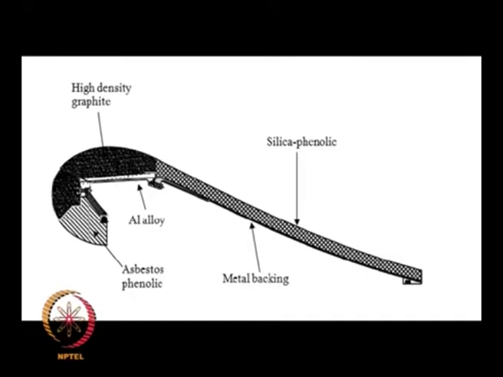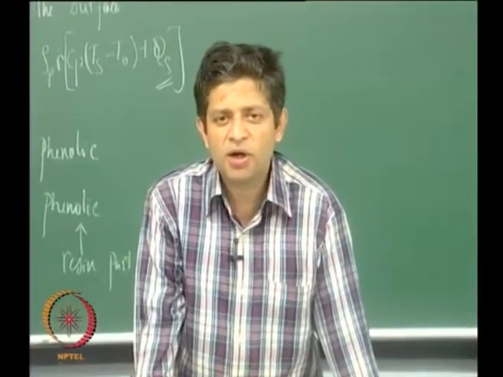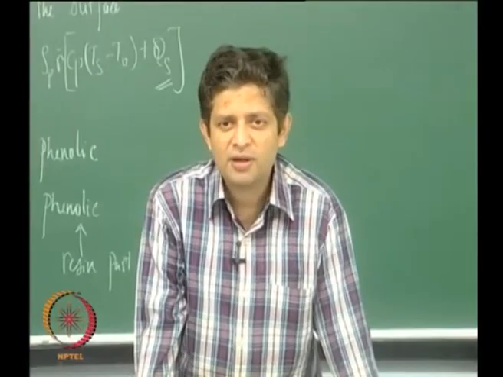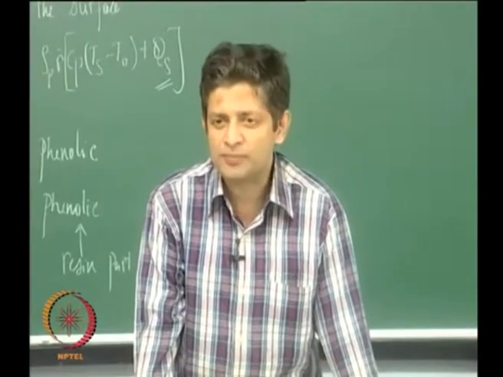One is high density graphite and then a layer of phenolic resin, and after which the heat transfer coefficient reduces as you move towards the exit. So therefore you can use some kind of ablative material to cool it, right? So using a combination of both ablative material and heat sink, a solid rocket motor throat or the nozzle is cooled.